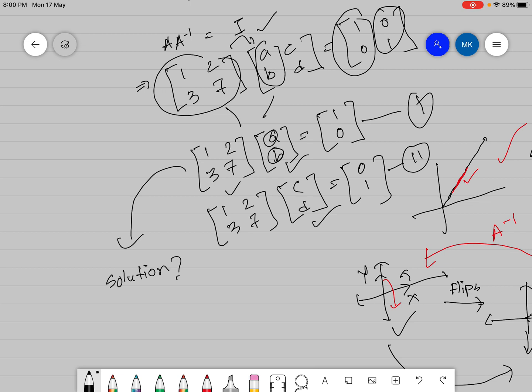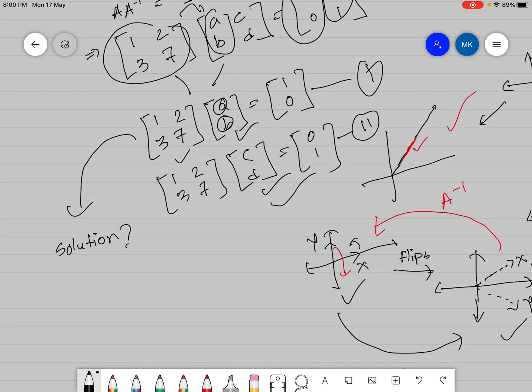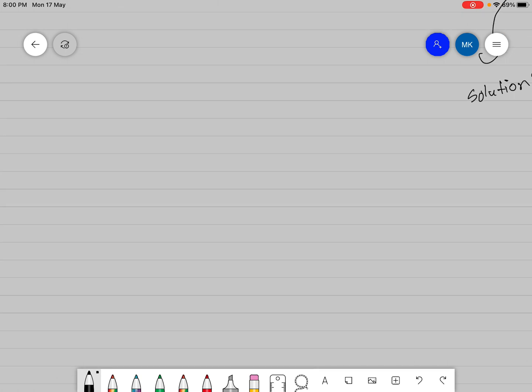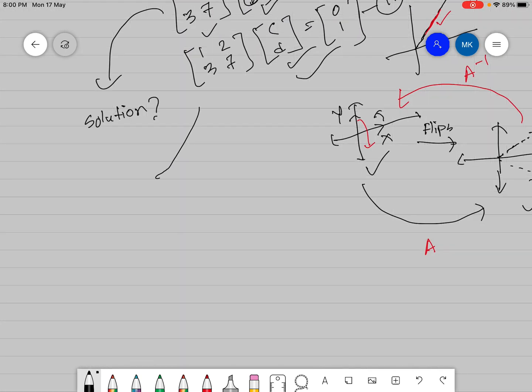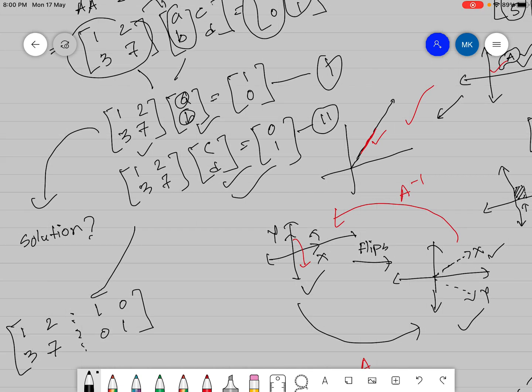Okay, for example, I will solve the two equations here at once. Okay, how? So this is my matrix 1 2 3 7. I want to augment it with the solution, which is the identity matrix, or the right hand side.